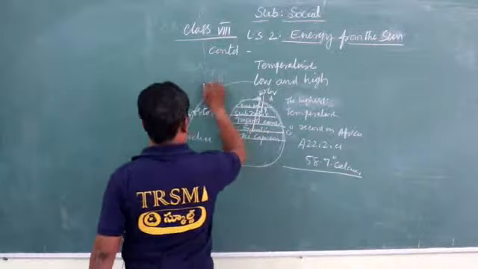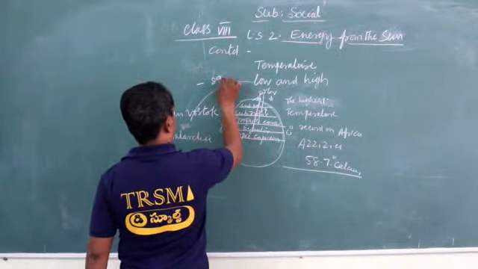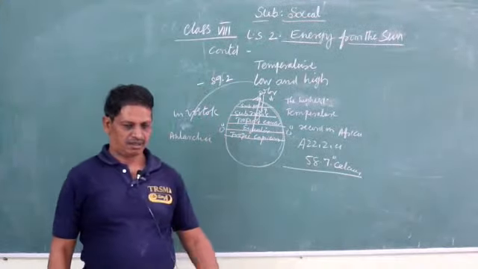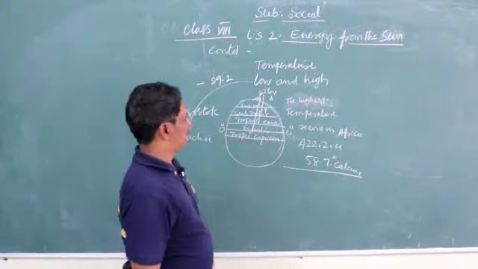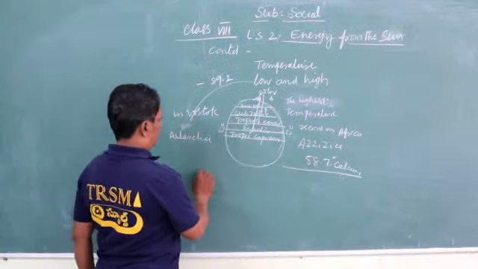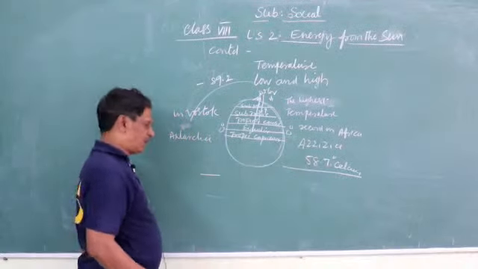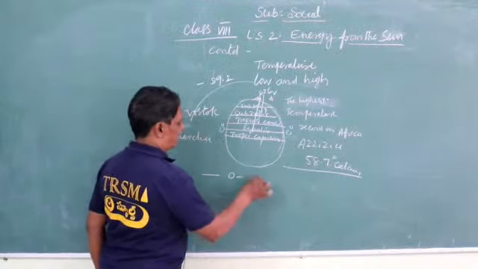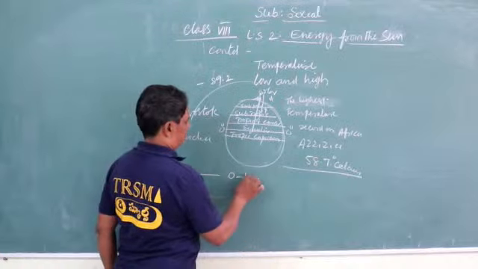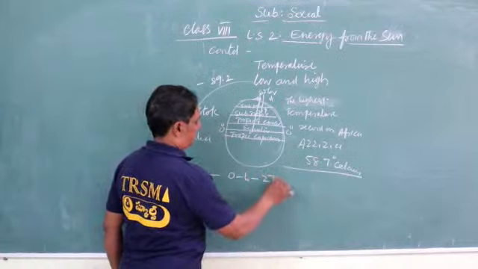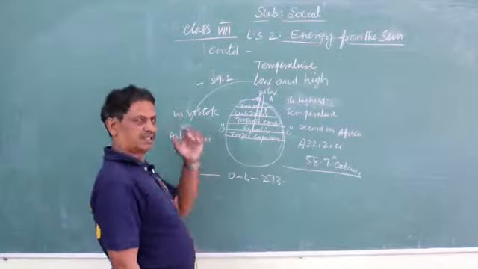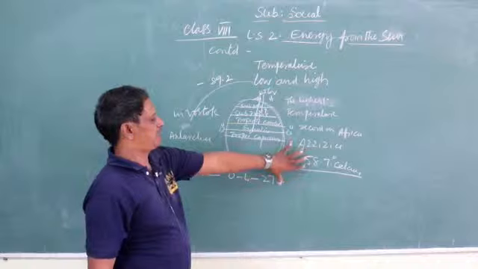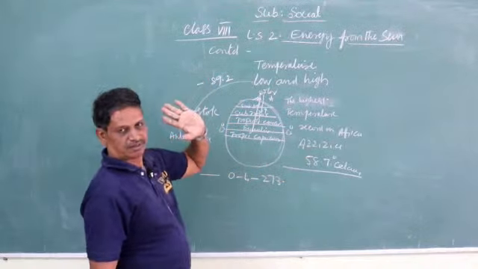This is the minus 89 degrees. Okay, so there is no temperature lower than minus 273 degrees Celsius. So this is the highest and lowest temperature.